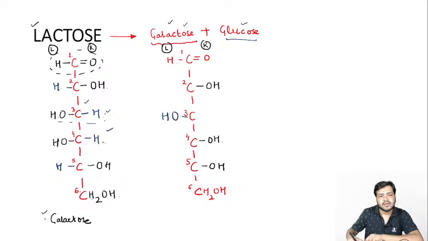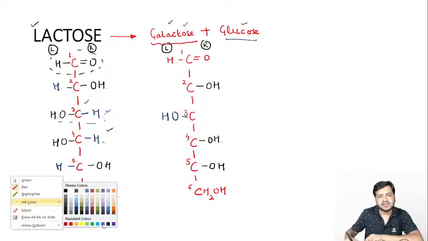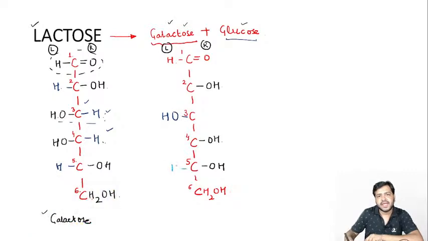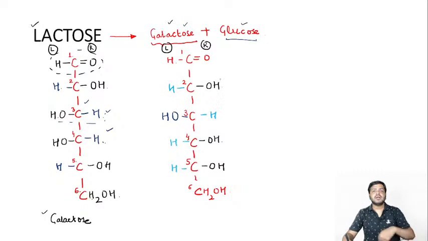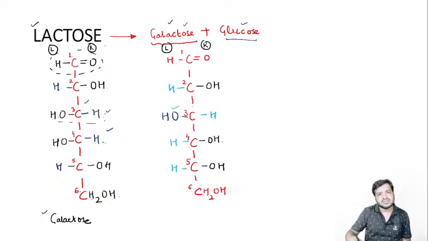And just to compensate and balance, I will put hydrogen. So just remember that in the glucose structure the OH is present on the right hand side except at the third carbon where the OH is on the left hand side. So this is a normal structure of a galactose along with the glucose.